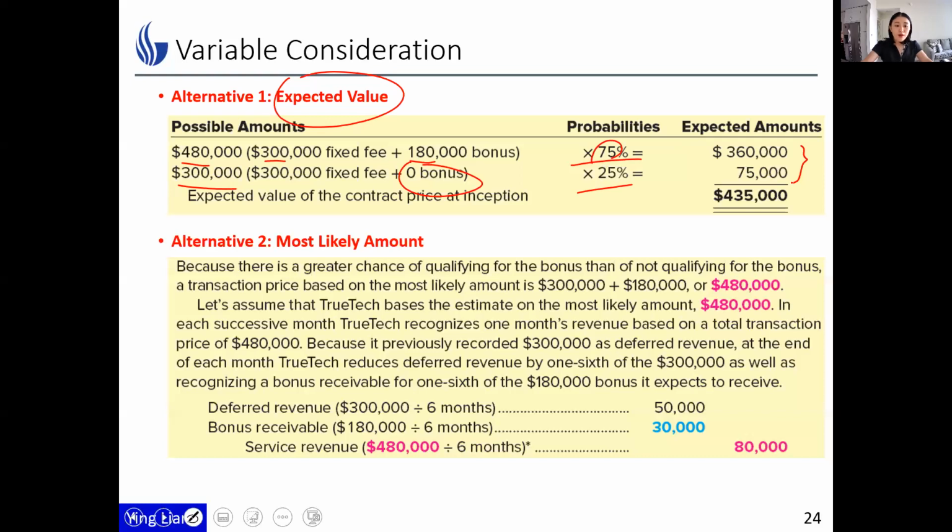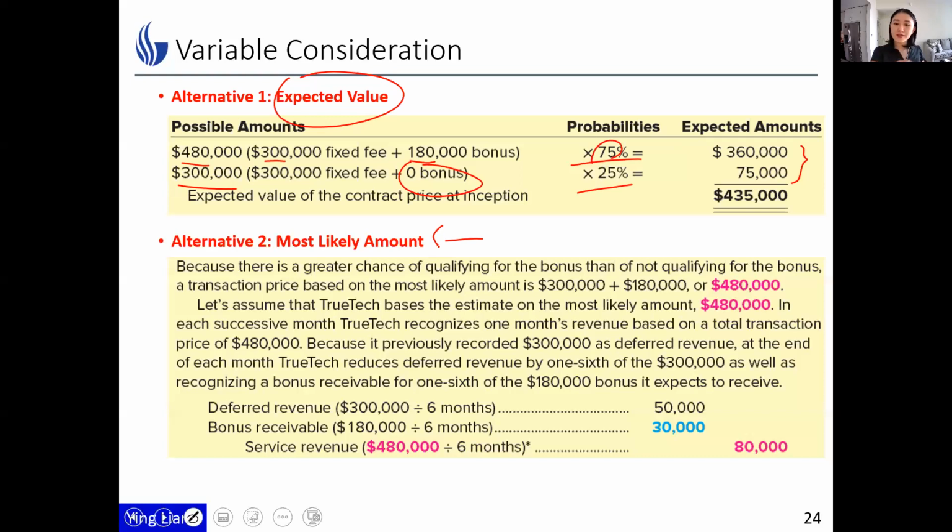Now, the second alternative is not taking an average. Instead, I go for the most likely amount. In this case, I have 75% and 25%. The most likely is the 75% chance, which is when I get the $180,000 bonus.